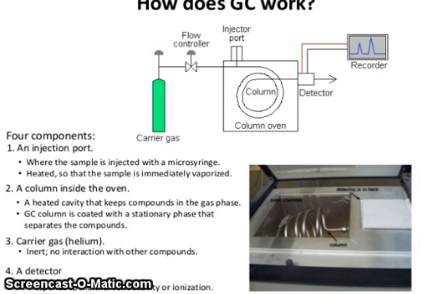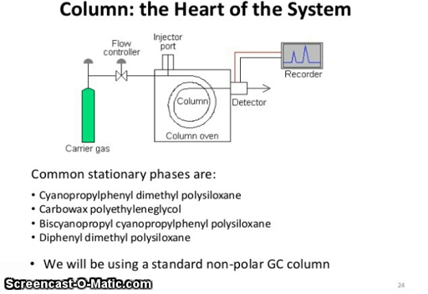Injection port, where the sample is injected with a microsyringe, is heated so that the sample is immediately vaporized. A heated cavity that keeps the compound in the gas phase. The GC column is coated with the stationary phase that separates the compounds. Carrier gas has no interaction with other compounds. The detector responds to thermal conductivity or ionization.